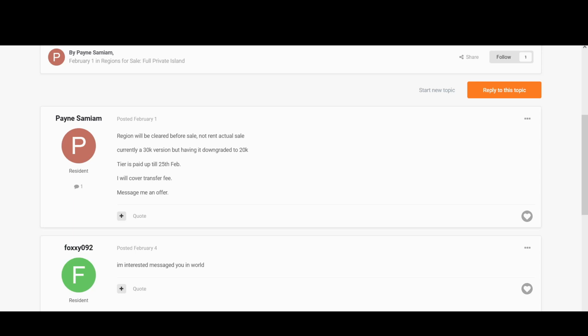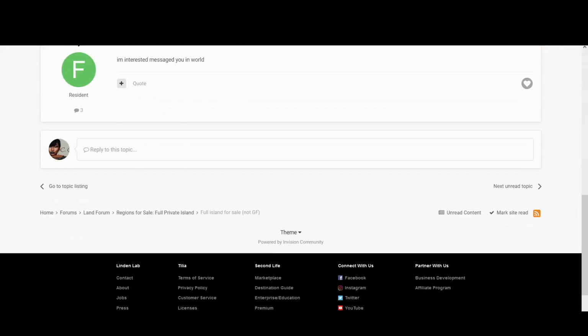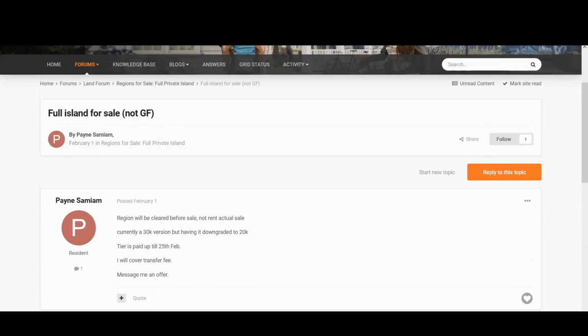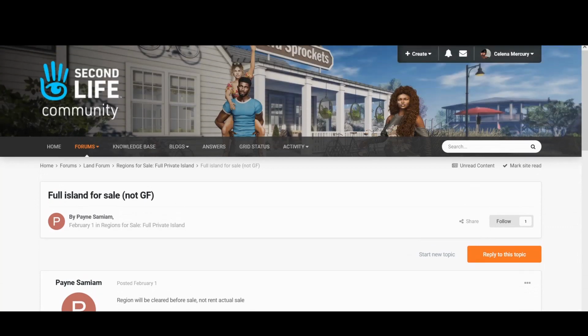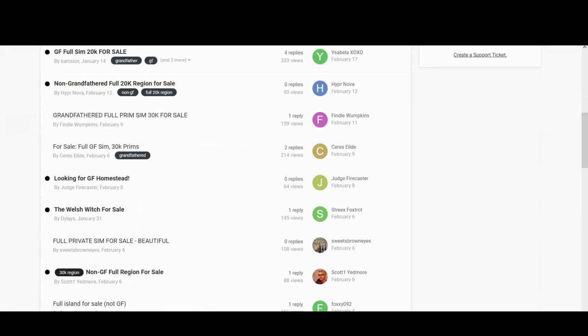If you have a 30K, that is what you're talking about. That's when we're talking about the 260. If you have it downgraded, then you're at 229. So that's the difference. This person is actually covering the transfer fee for you. So that is a big deal too. But they don't have a landmark for you. So we can't even go and see this one.